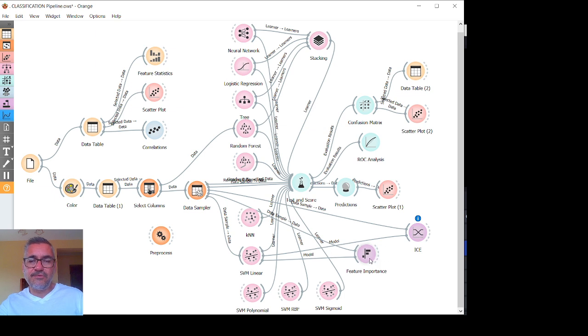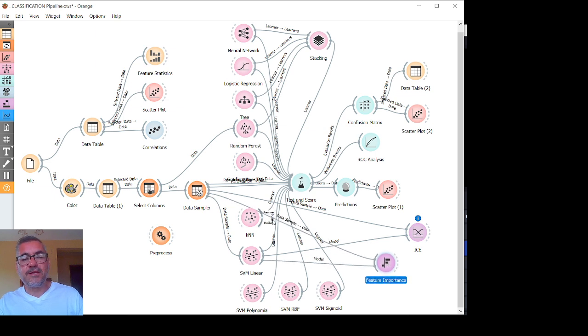Here I connected the feature importance. These feature importance results are from the SVM linear model. There is no particular reason why I used this. I only wanted to illustrate the feature importance measure, and I put it here. This is how you connect it. It's a bit tricky.